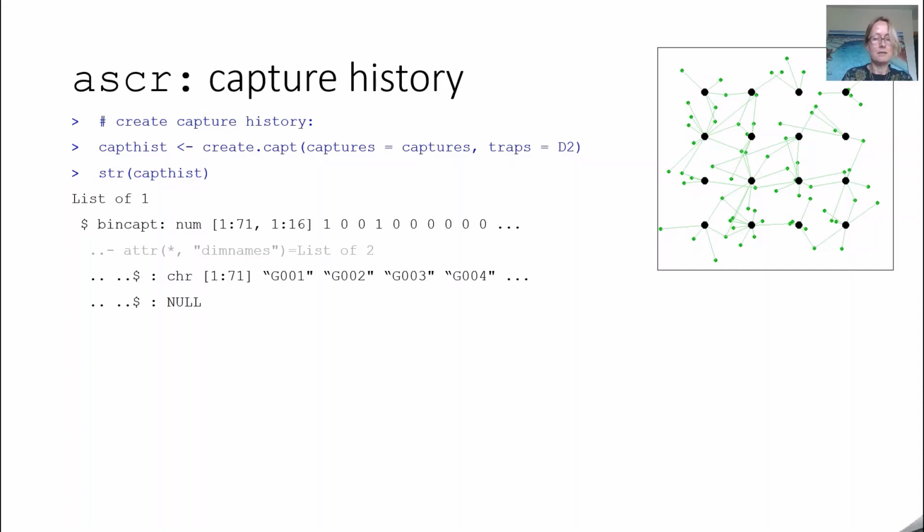I grayed it out to make it a bit easier on the eye for you, but it is there and it might be frightening to look at. What does all this mean? Attributes, dim names. Well, the reality is we don't have to worry about these things. They need to be there, but using create.capt takes care that everything is in good order and in the right place for the next steps.